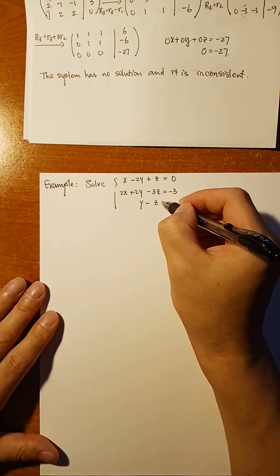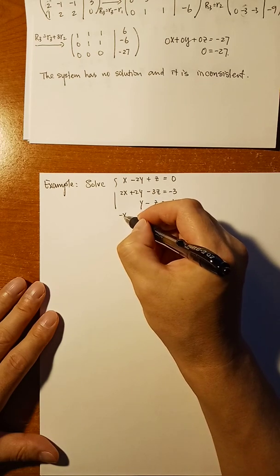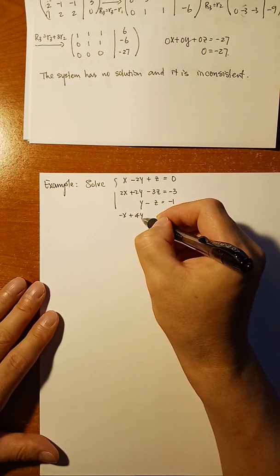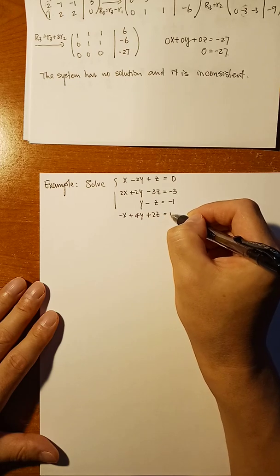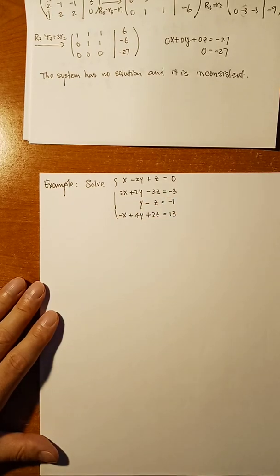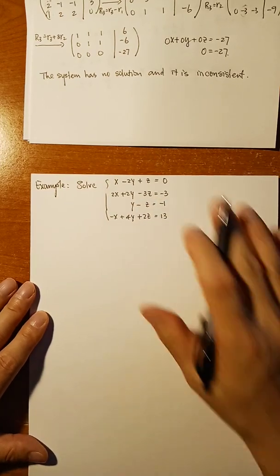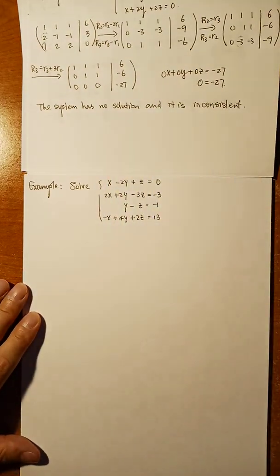Y minus z is equal to negative 1. And negative x plus 4y plus 2z is 13. We have 4 equations. No one says for 3 variables you can only have 3 equations. You can have more equations.